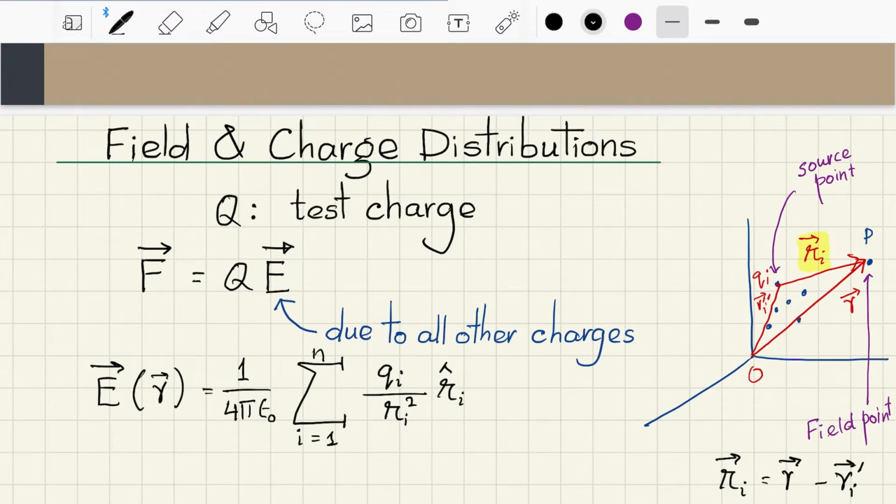But if it is a continuous charge distribution, then these Qi's should become dq, and the summation should become an integral.